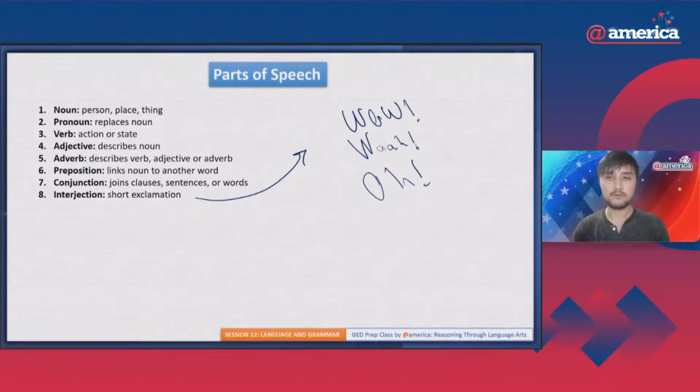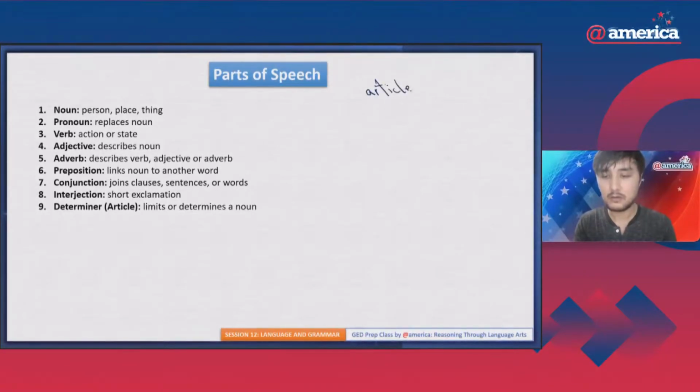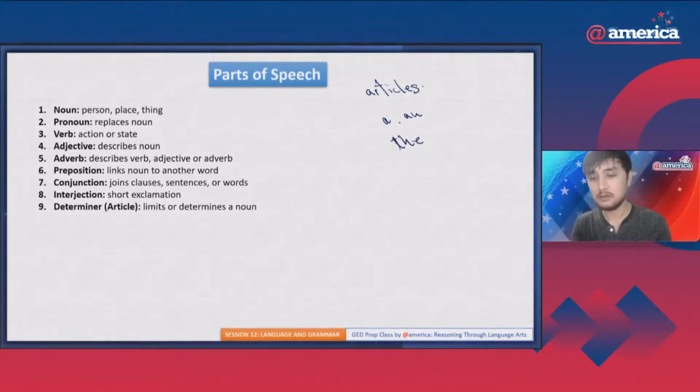And also, the last one is a determiner or article, and they limit or determine nouns. So for instance, if you want to talk about a noun that has not been talked about, for articles you have a, an, and the.